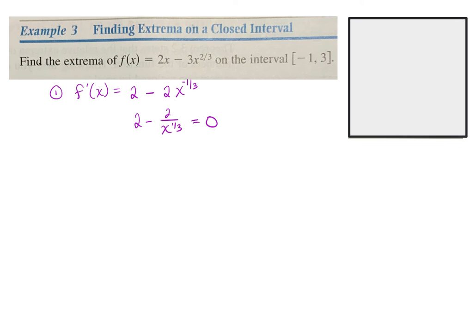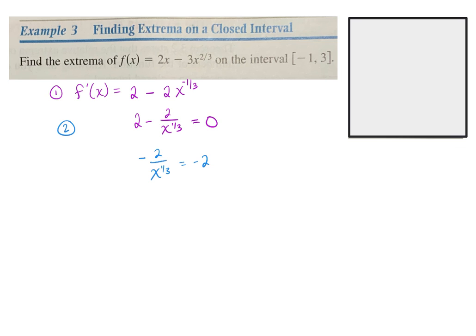So my next step here is to set my first derivative equal to 0. I would subtract my 2. I get negative 2 over x to the 1/3 equals negative 2. Anytime what you're solving for is in the denominator, flip both sides. Trust me on this one, okay? So flip both of these.